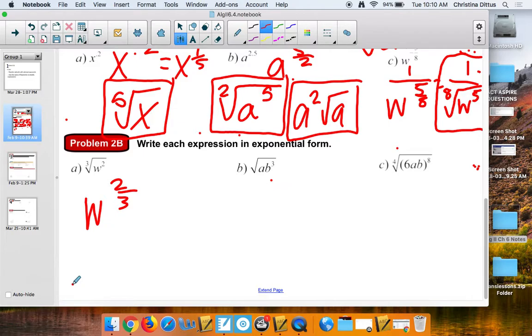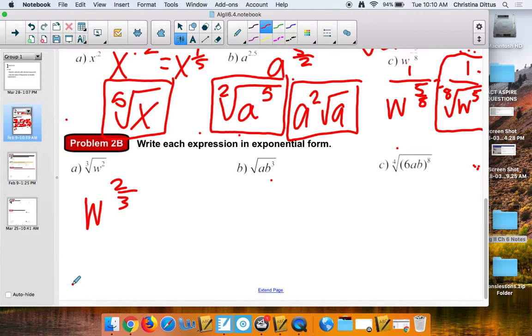Okay, B is a little bit tricky. Question, what is to the 3rd power? What's cubed? Just B. A is not cubed, right? Right.